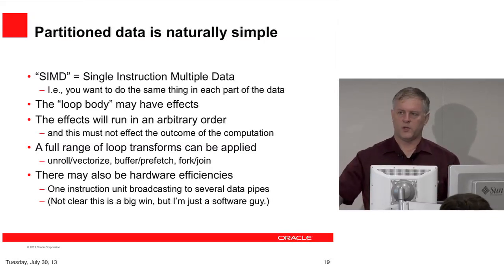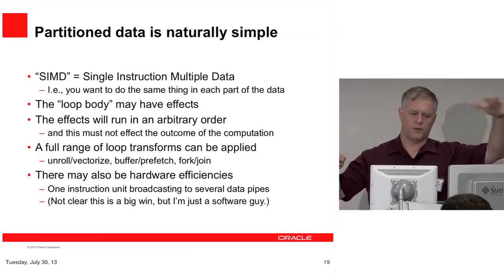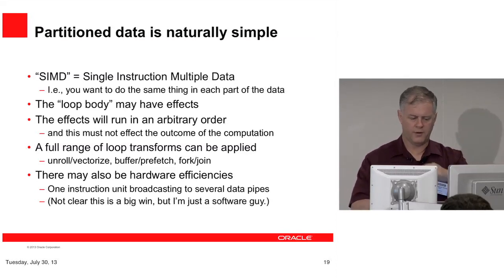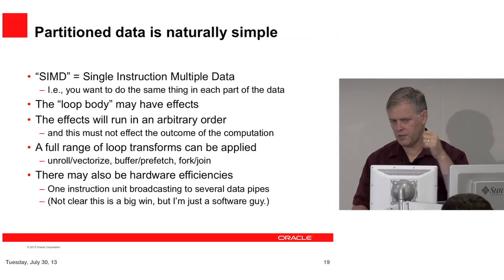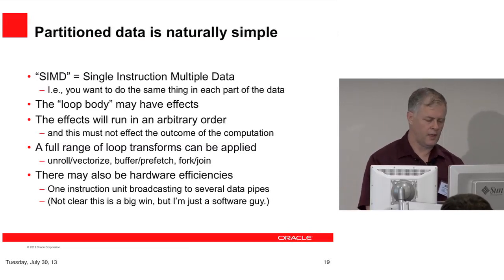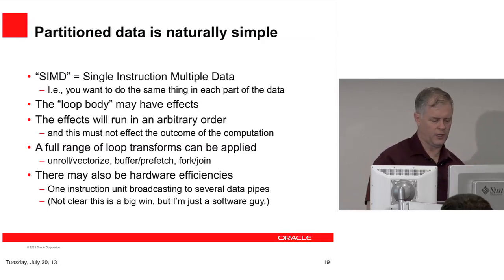With single instruction, multiple data, you can always look at it as a for-all loop. There's an outer loop that is going to operate on your loop body, and the loop body is going to run logically once per element, but at least once as a middle loop per chunk.